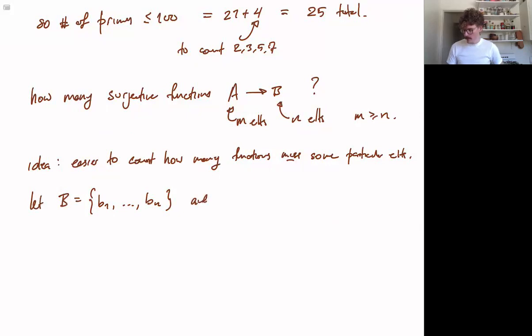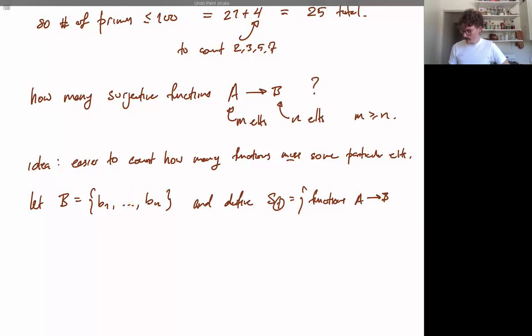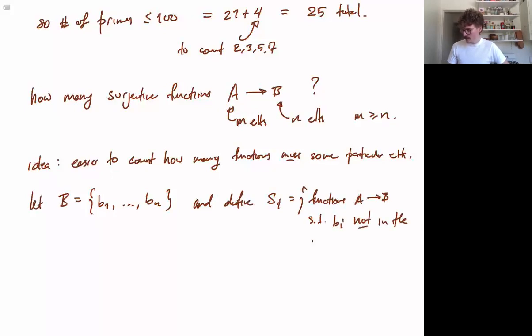And define a set S sub I to be the set of functions from A to B such that Bi, so this I is corresponding to one of these Bi's, is not in the range, or rather the image.